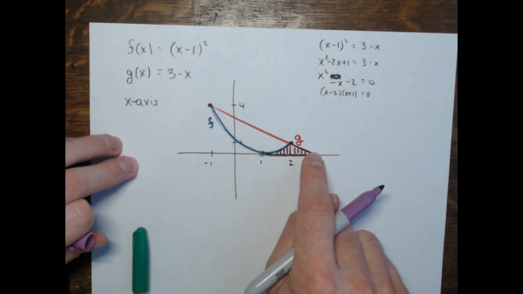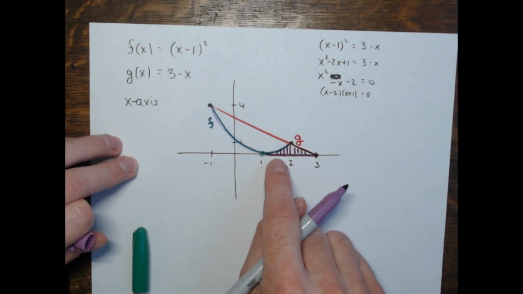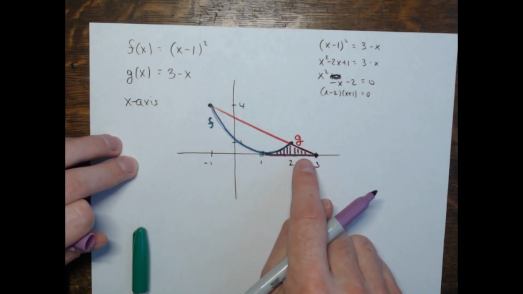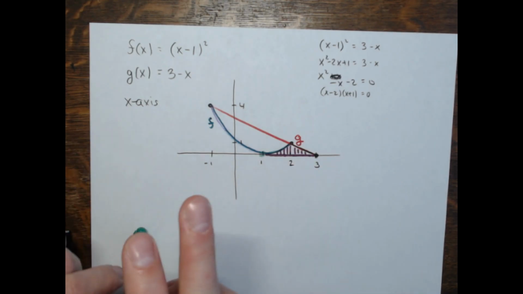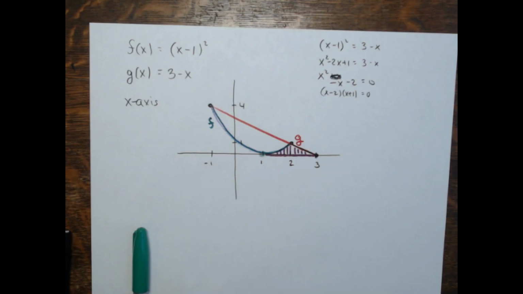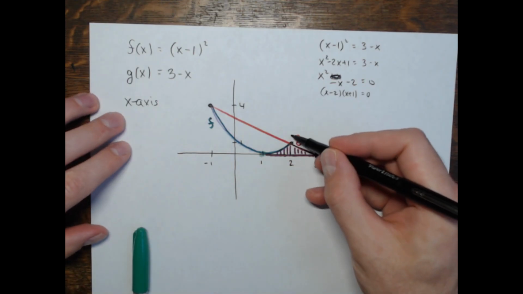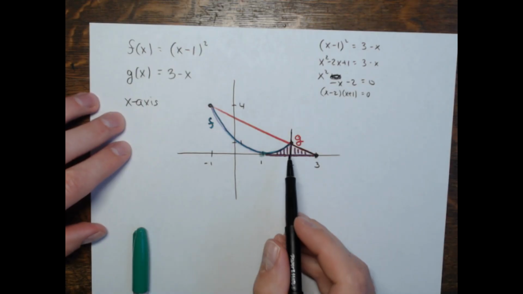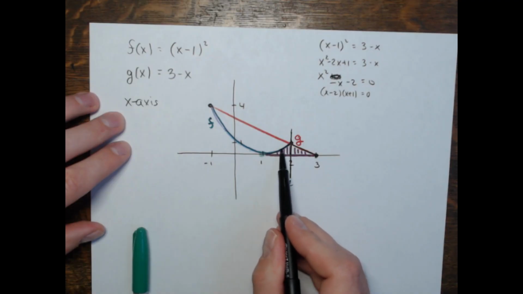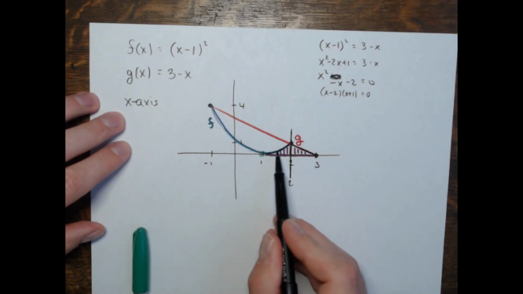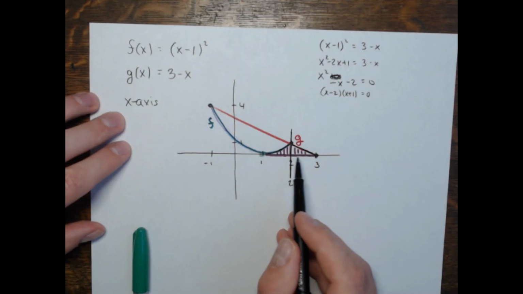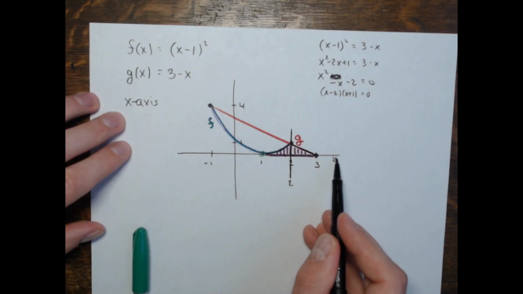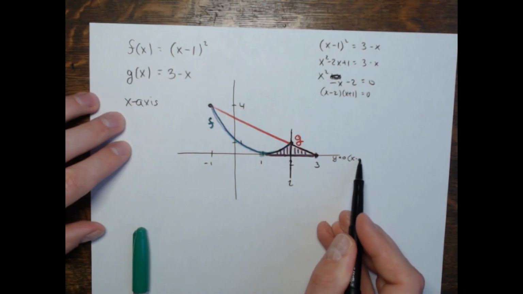F and G are the top curves, and bounded below by the x-axis. So this is the region that we're talking about. When you see at x equals 2 here, at x equals 2, the curve on top in this region changes from F to G. But the curve on bottom is still y equals 0 the whole time, right? That's the x-axis.